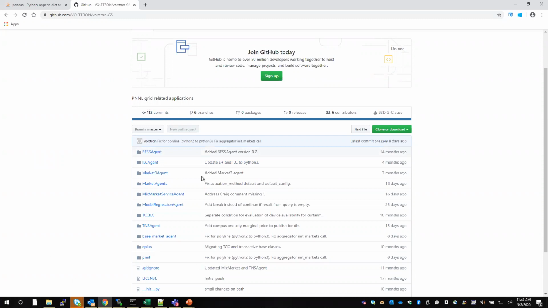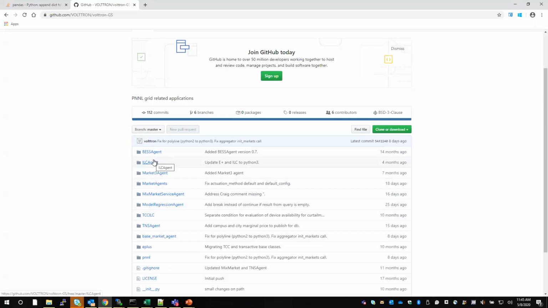So this will be where all the PNNL applications are going to live, and within this we have the TCC, which is the market agents. We have that model regression agent that I discussed, which is intended to automate the training and retraining of the different applications within the TCC structure.